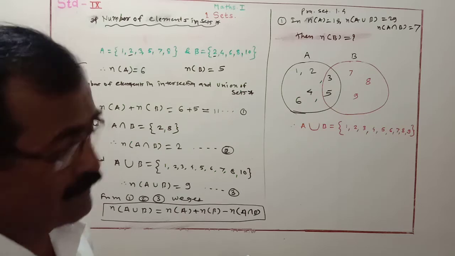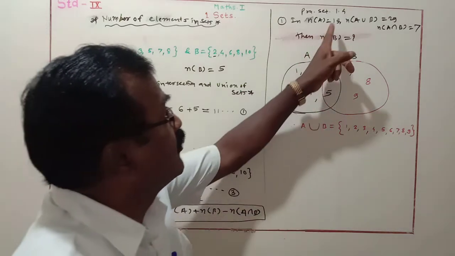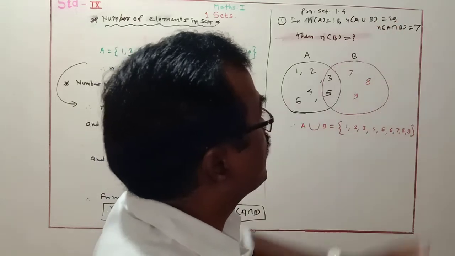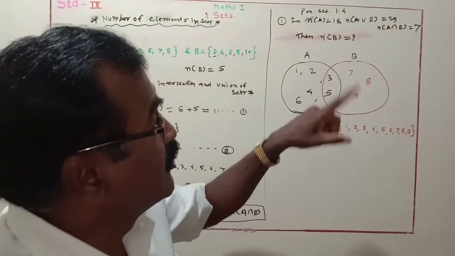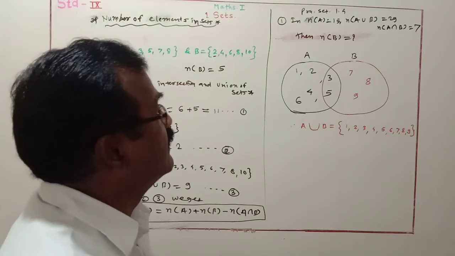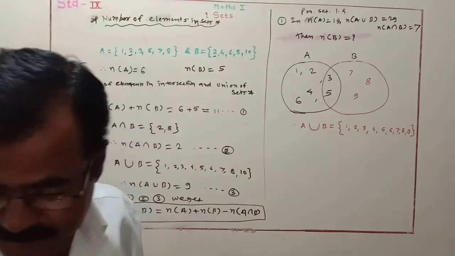In this example, we give the value of n of A is 15, n of A union B is 29, n of A intersection B is 7. Then find the value of n of B.